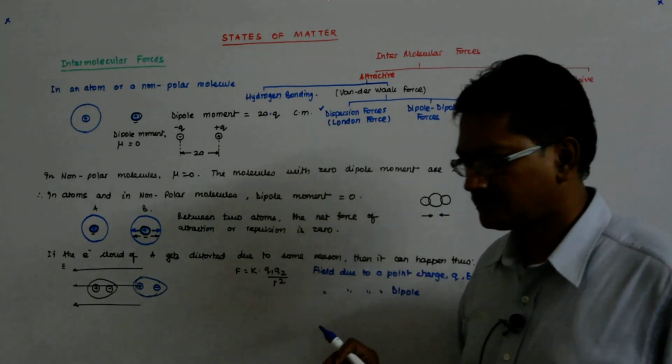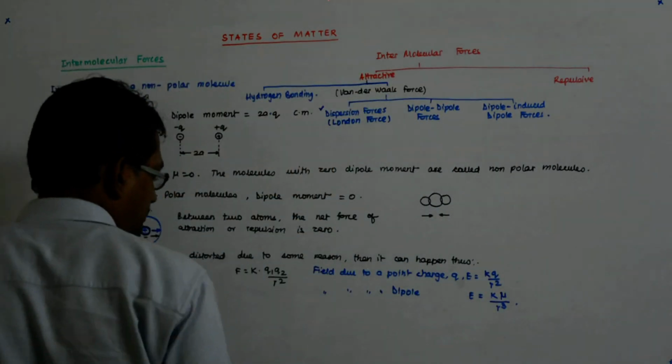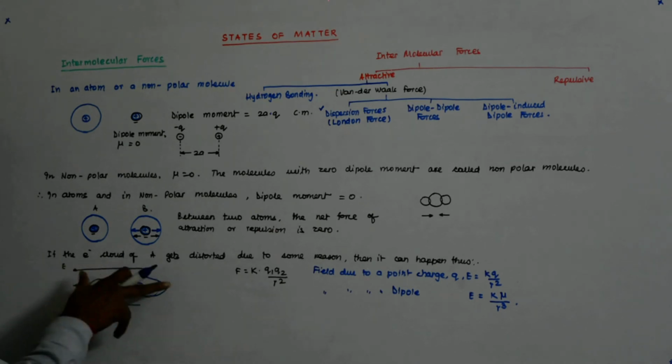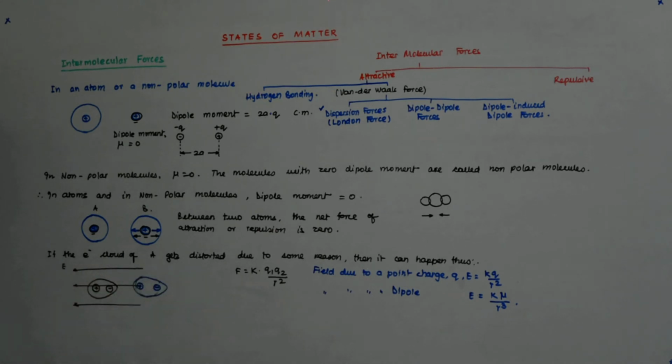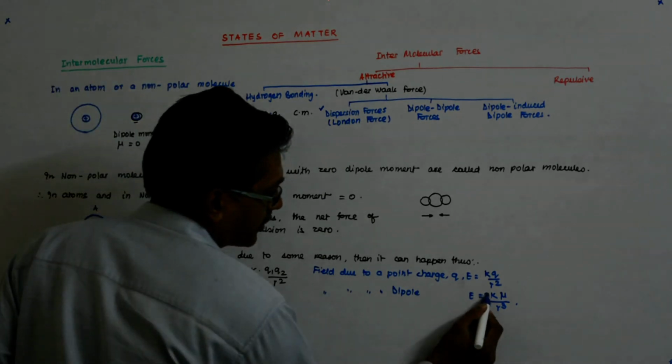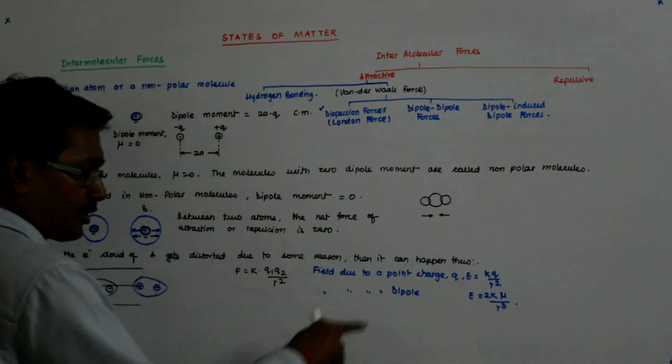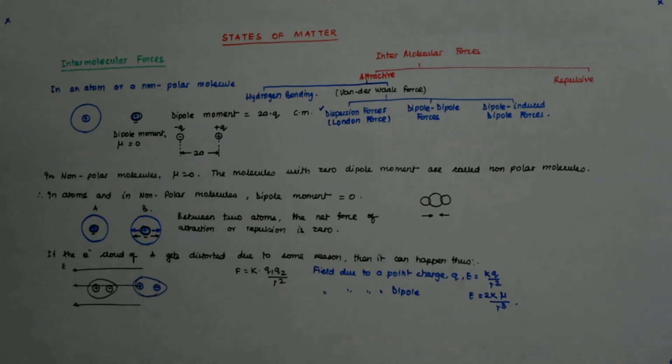This is E axial or equatorial? This is E axial. So would it be 2KQ upon R square? No, upon R cube. It becomes R cube.